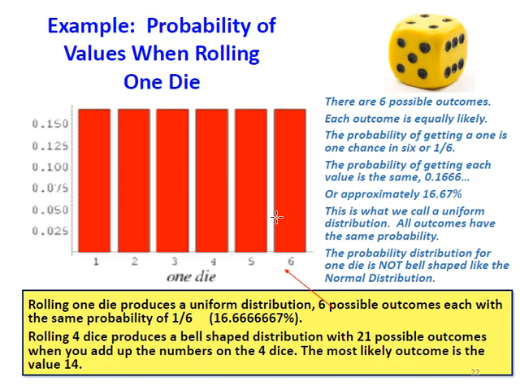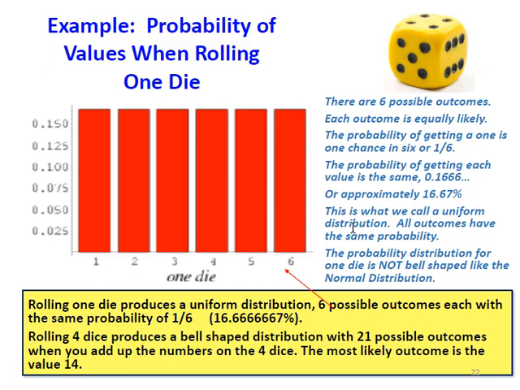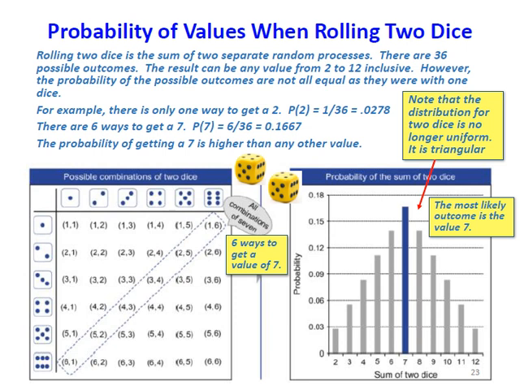Not all sums are equally likely, and the distribution of sums forms a bell shape, which I have already shown you, with sums near the middle, which is 14, being the most likely. Alright, so we're done with this, so let's move on to the next one.